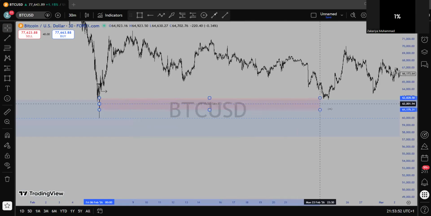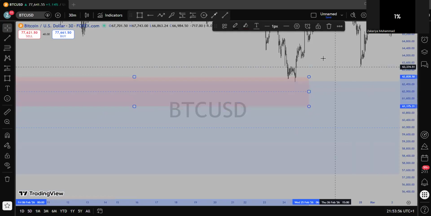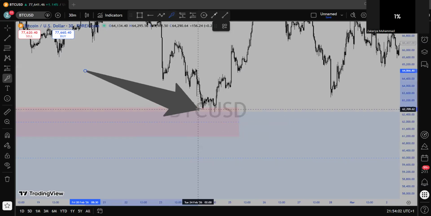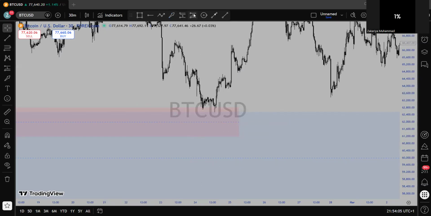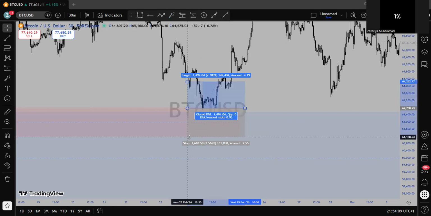The market came and tapped into that zone, you see? Right here. So this is where we take our long position, from there, with our stop loss below our order block.